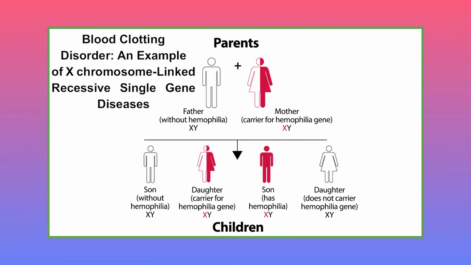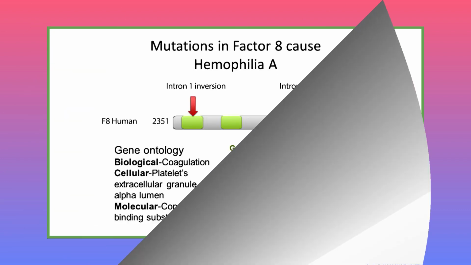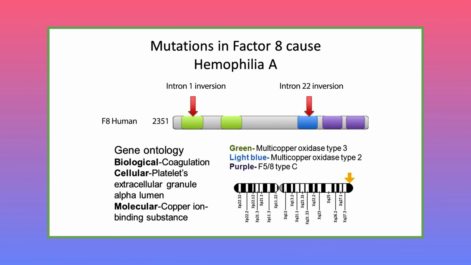The blood clotting disorder hemophilia A is one of several single gene diseases that exhibit an X chromosome linked recessive pattern of inheritance. Males who have a mutant copy of the factor 8 gene, that is F8, will always have hemophilia.